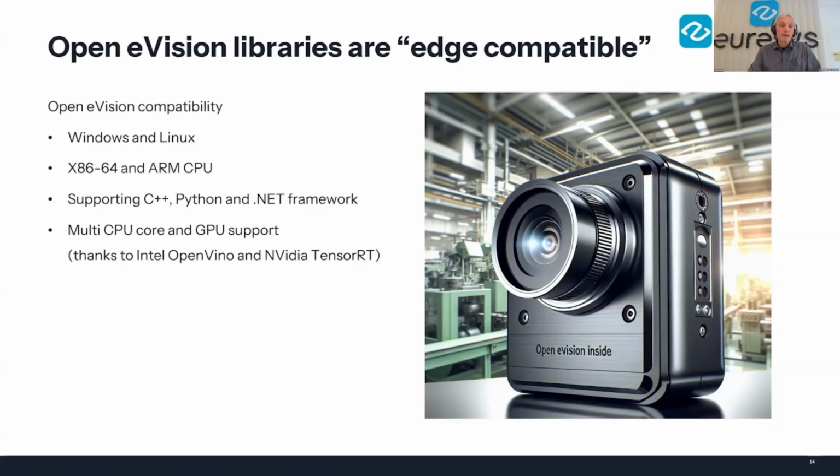You can access and use Open eVision from C++, Python, and C# or other .NET framework languages. And we make good use of multi-core and GPU. More especially, we are getting good inference speed using Intel OpenVINO and NVIDIA TensorRT libraries that are specifically made to speed up the deep learning libraries.